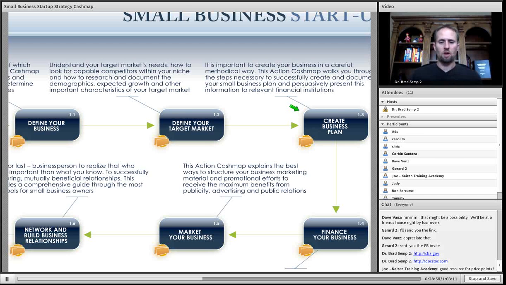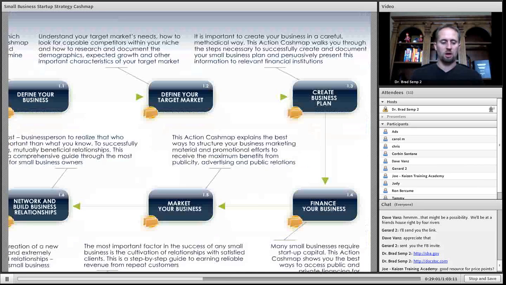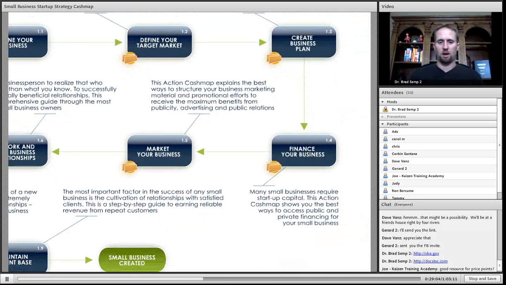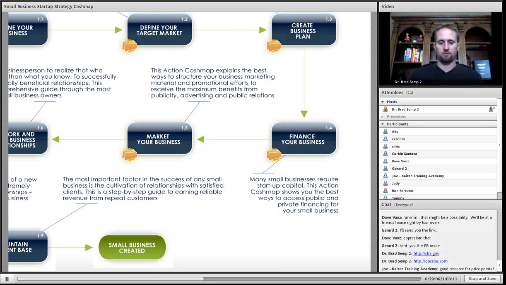All right, so moving on from 1.3, we're going to go over to 1.4 and take a look at financing your business. This is another area that many people just overlook or don't really understand, that there are opportunities for funding out there.